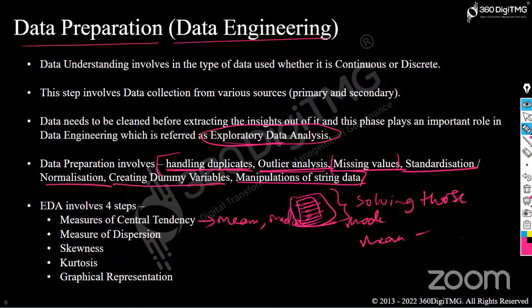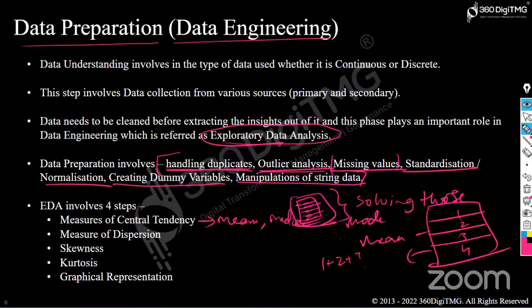So the mean value will be calculated when you have four objects: 1, 2, 3, 4. So what is the mean value of it? You will be getting 1 plus 2 plus 3 plus 4 divided by 4. So 1 plus 2 plus 3 plus 4 is 10, so it becomes 10 by 4.